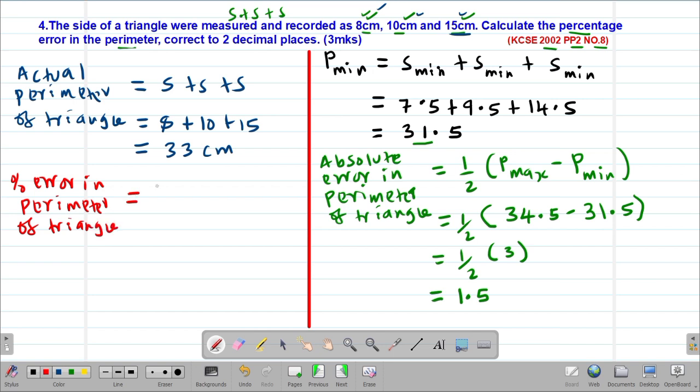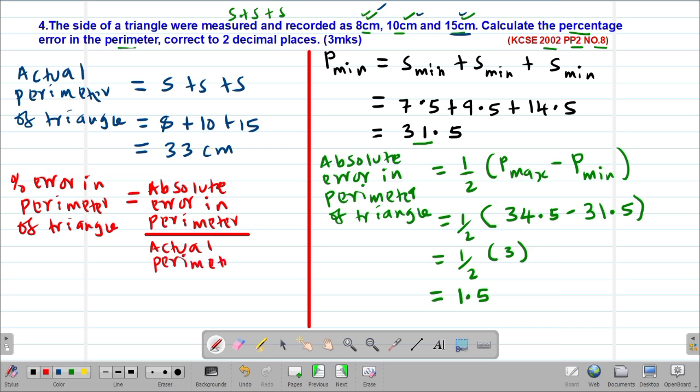So percentage error is always given by the absolute error in the perimeter of the triangle divided by the actual perimeter of the triangle, then of course multiplied by 100%. So remember, absolute error of the perimeter divided by the actual perimeter represents what we call the relative error in the perimeter.